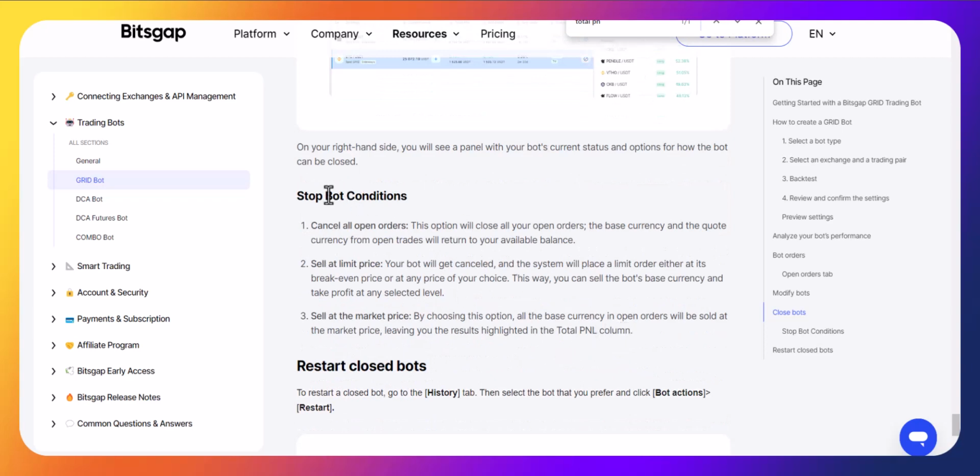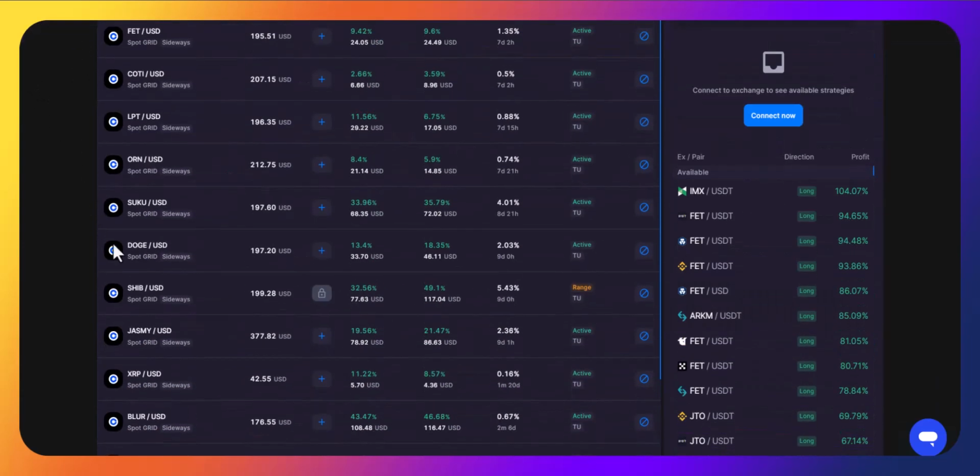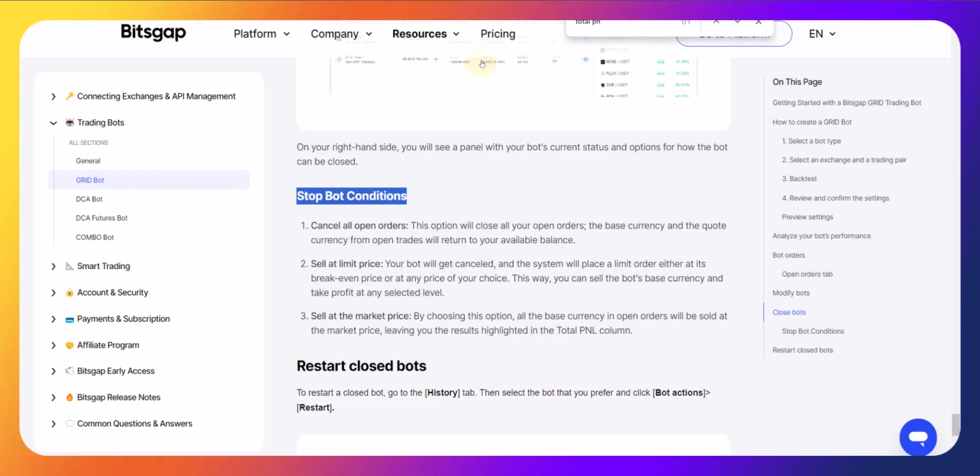The different ways we can do this. What we're going to do is stop our bot. So we're going to deal with SEI right now. Underneath our bots, as I scroll down, I'm going to go down to SEI, and you'll see this little icon right here. That's your stop symbol. In your stop symbol, you can cancel all open orders.